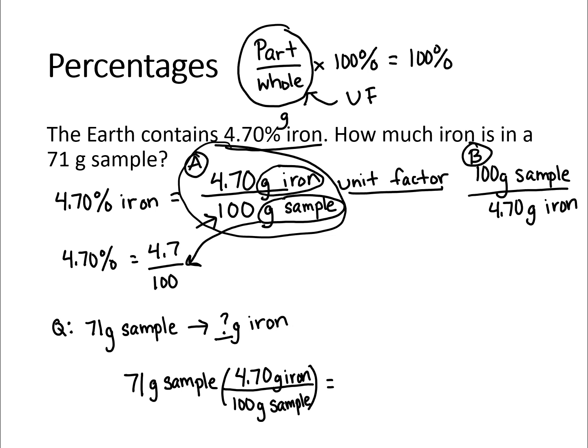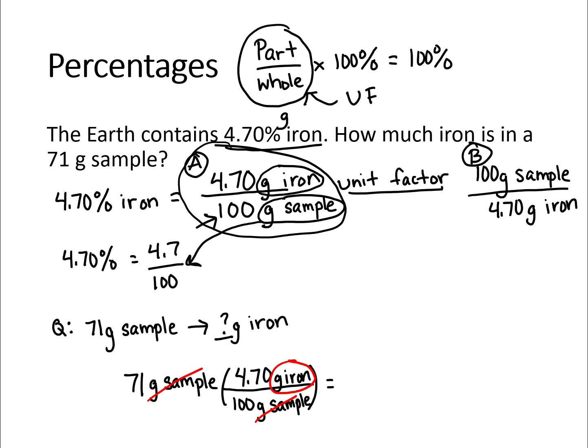Every sample isn't going to be 100 grams. If it were, it'd make life easy. So we can cancel the grams of sample, and we're left with grams of iron.